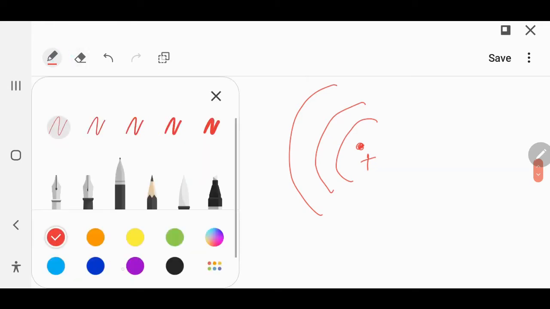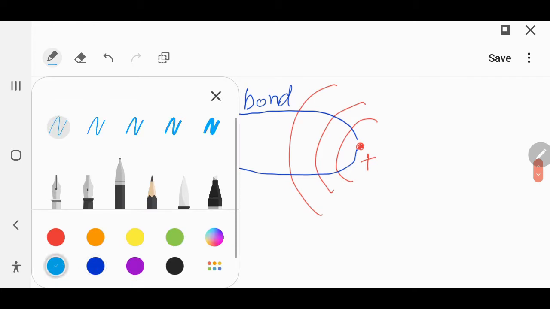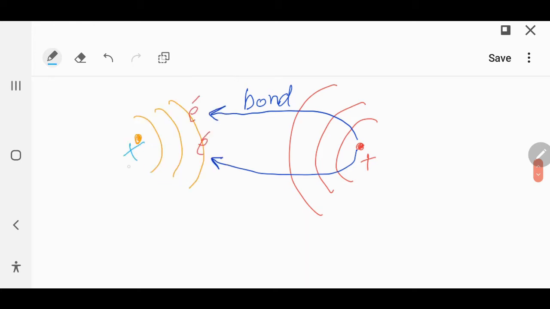When the nucleus of this atom attracts the electrons of the outer shell in another atom, this is the forming of, or the nature of, the bond. And the other nucleus here will attract the electrons of the other atom to form the bond with it. So all of it is a type of attraction.